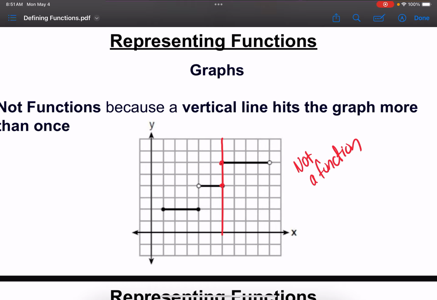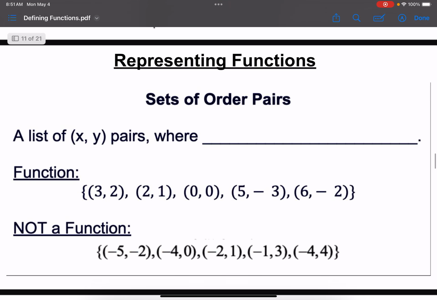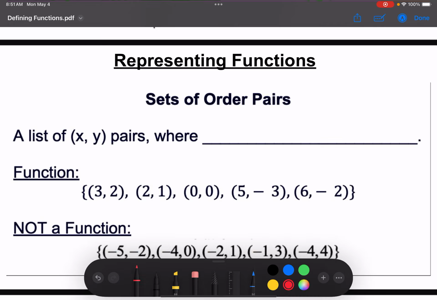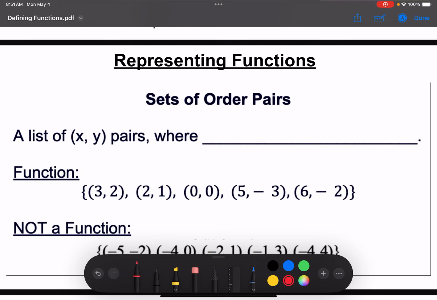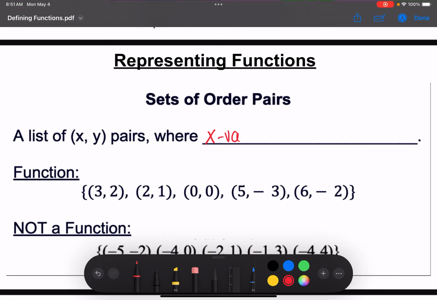So we went over tables, we went over graphs. The next representation is ordered pairs. So an ordered pair is just a list of x and y pairs. Now, for it to be a function, the x values cannot repeat. So if we look at our x values in this list of ordered pairs, none of those x values repeat.